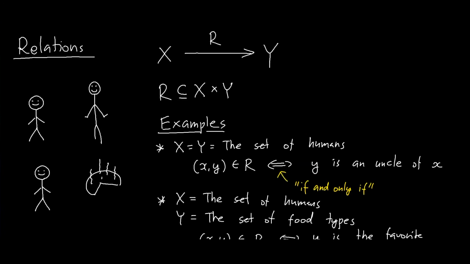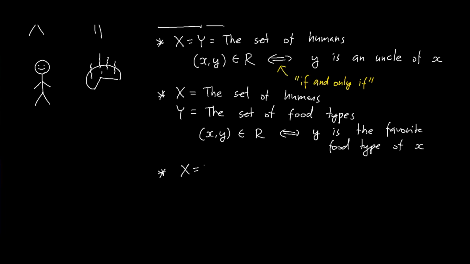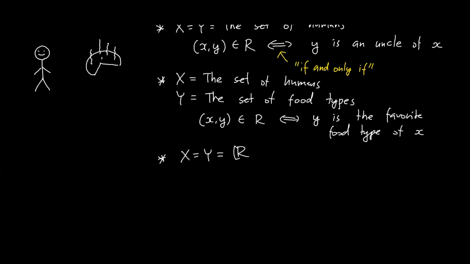It has an extremely large number of examples, both from real life and from mathematics. And here maybe we give one more example from mathematics. We could have X and Y being the set of real numbers, and then we could have our relation to be the set of those ordered pairs such that x is less or equal to y.